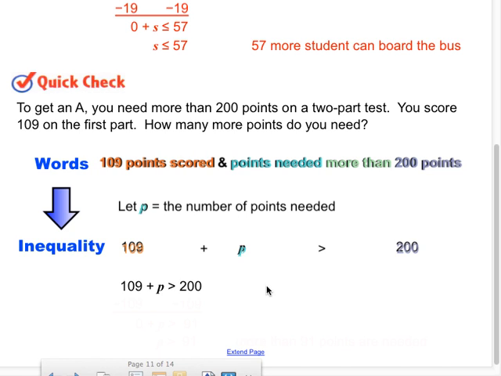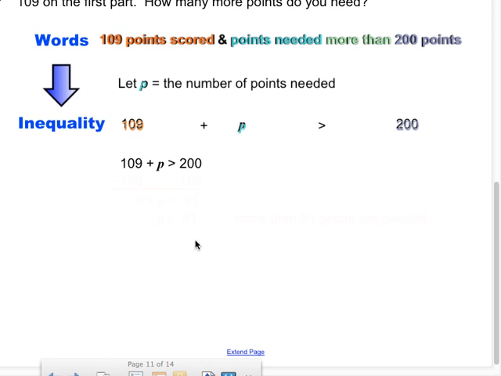Jakari, walk me through. What am I doing first to solve this inequality? I got to get p by itself, right? What's on the side with p? What's over here with p? Okay, a plus, but what else? 109.